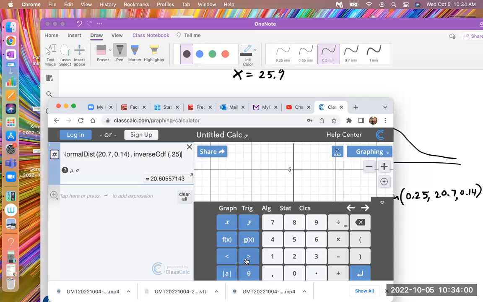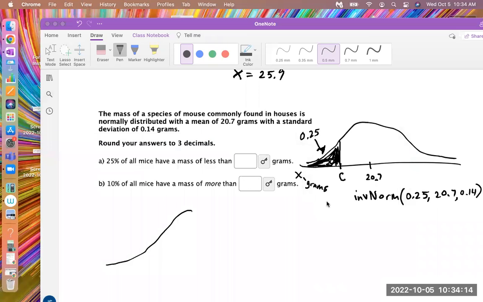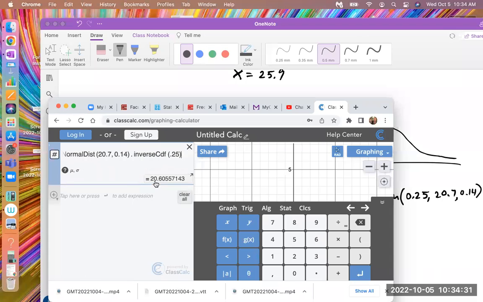It's a little different, but it's telling me that a mouse that weighs 20.6 grams has 25% of the data to the left of that weight. So this mystery value is 20.6, and that's the answer. Oh, to three decimal places, so let me re-look at what our answer was. Okay, it's 20.606.